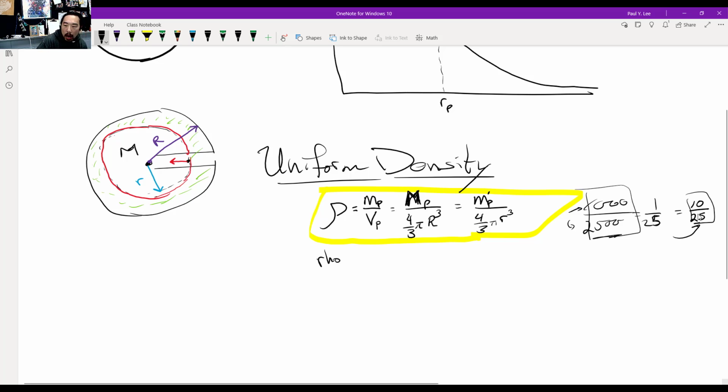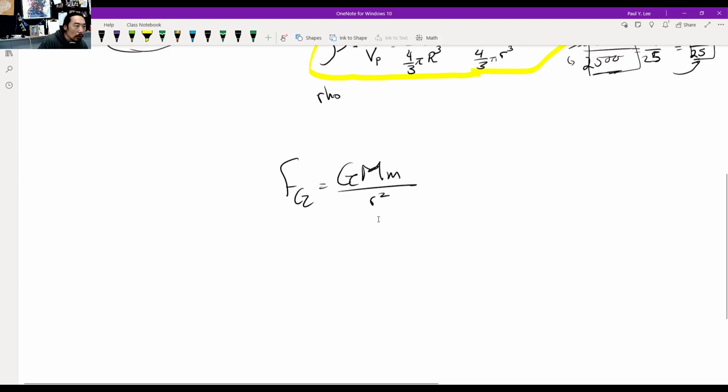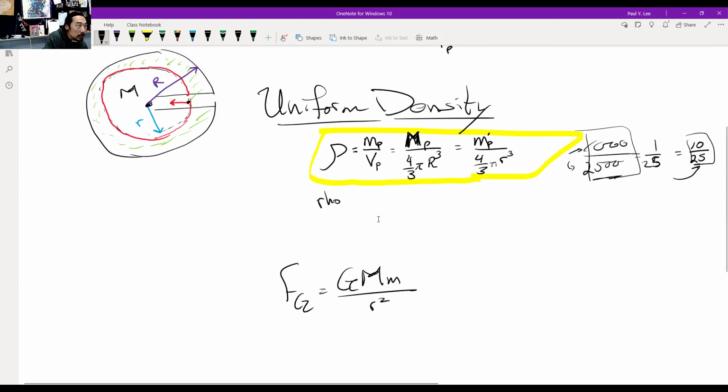All right, so with that idea, now we can actually figure out what happens as you go further into the planet. So here we have F of g is equal to G big M, lowercase m, over r squared. And the idea here is that now that we have this ratio up here, we're going to use that ratio to perform a substitution.